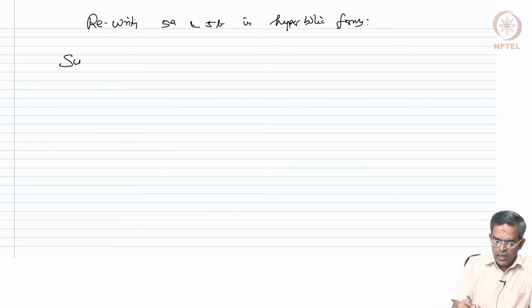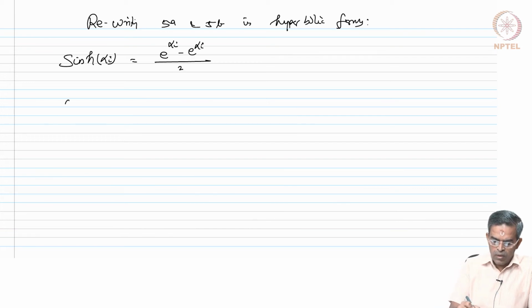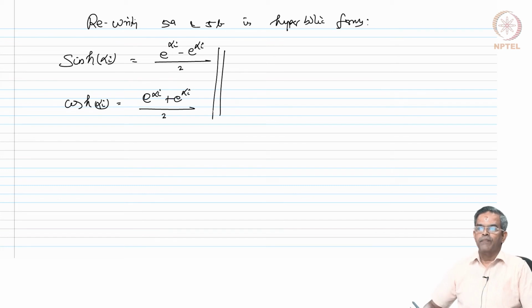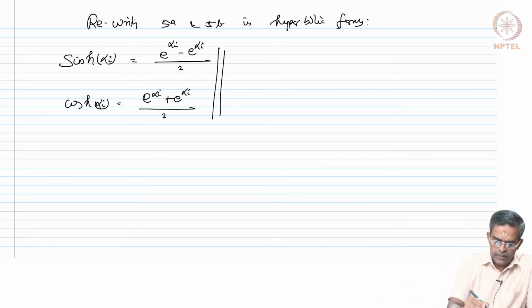We know that sine hyperbolic alpha I is E alpha I minus E minus alpha I by 2. Cos hyperbolic alpha I is E alpha I plus E minus alpha I by 2. So, I am using this relationship, I am writing Ri and Ci like this.